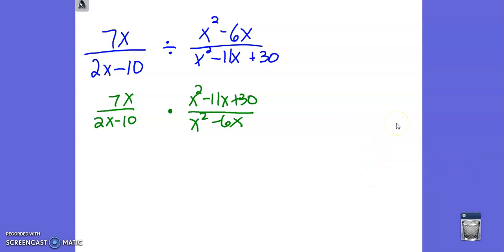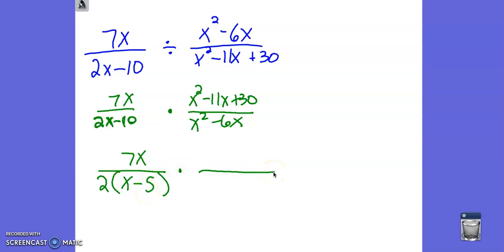Now after that, you're going to look at each part of the fraction. At the top here, I have 7x, and that can't be simplified anymore. Now look at 2x minus 10. How can this be simplified? Well, notice there's a GCF involved. If I factor out a 2, I get x minus 5.